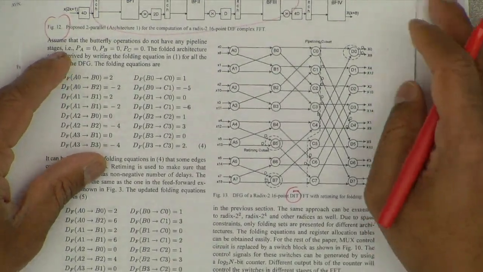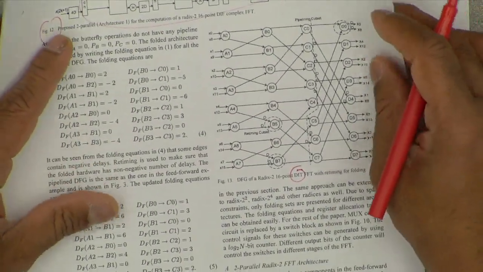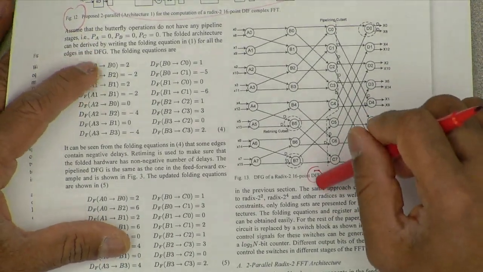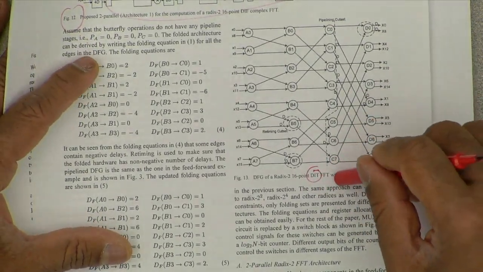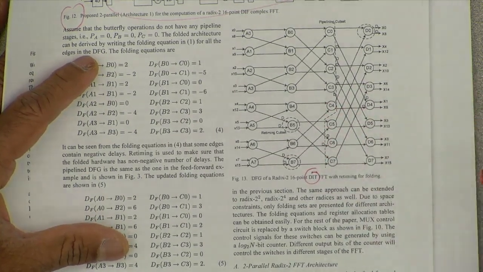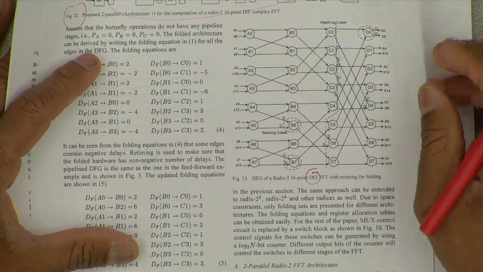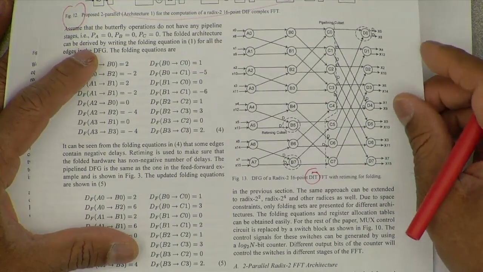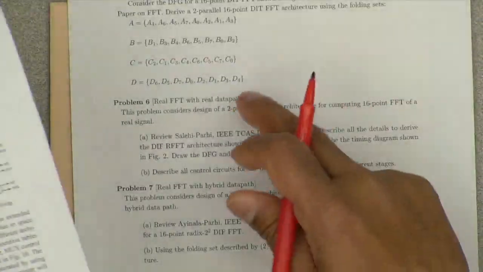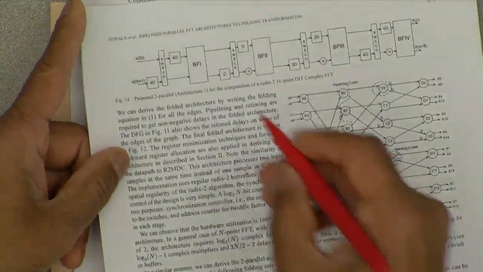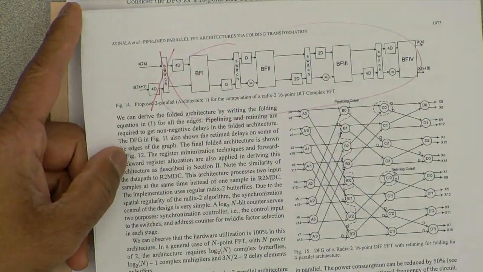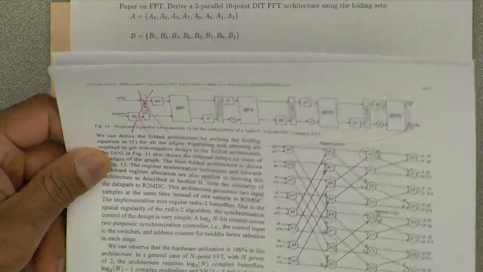By the way, I am not teaching this in this class, but DIT FFT, we will teach maybe next semester. DIT FFT is a transpose structure of DIF FFT. Theoretically we can prove that, but we may do that next semester. And from that, using the folding set that we have here, show that this part will change a little bit, but that's going to be something like figure 14.